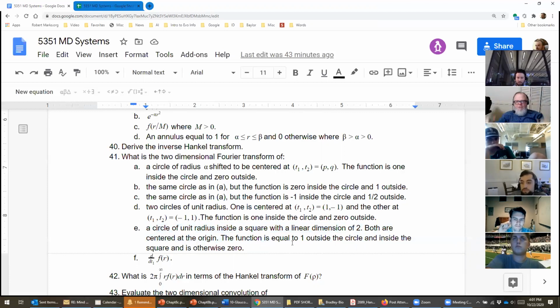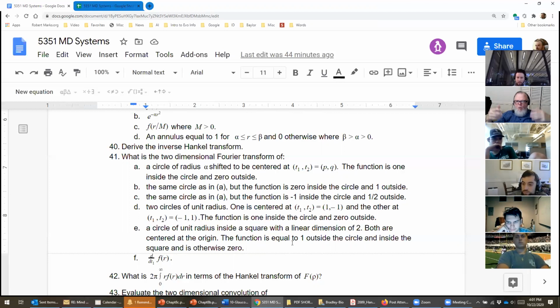What we'd like to do is look at the case where it's 0 inside the circle, 0 outside of the square. You following my word picture? 0 inside the circle, 0 outside of the square, and whatever's left has a value of 1. How would you do the Fourier transform of that?